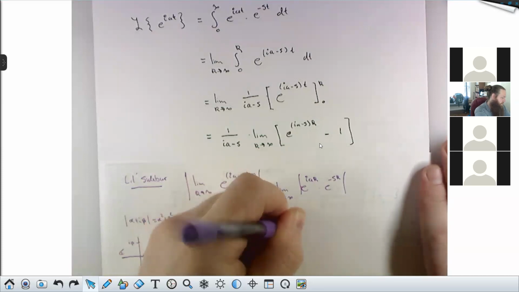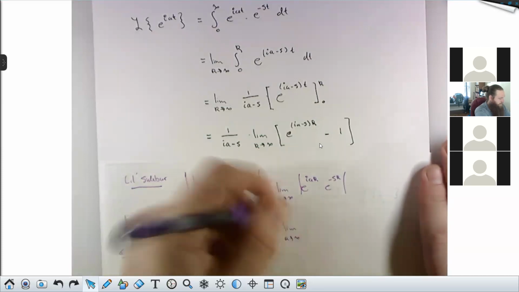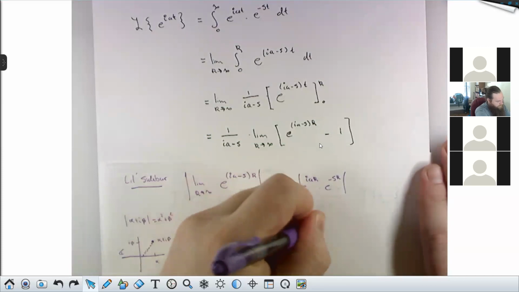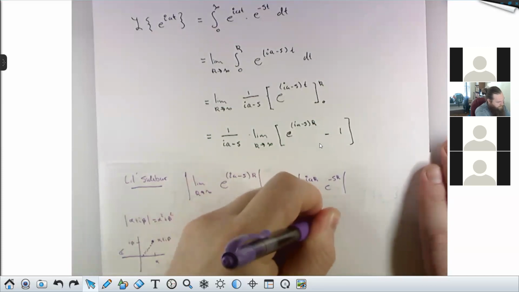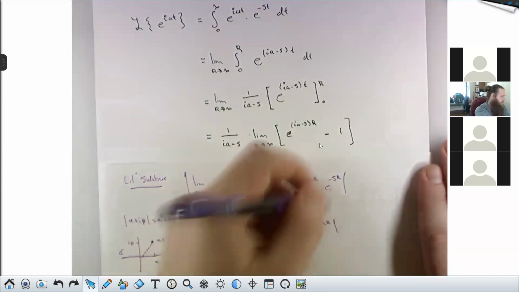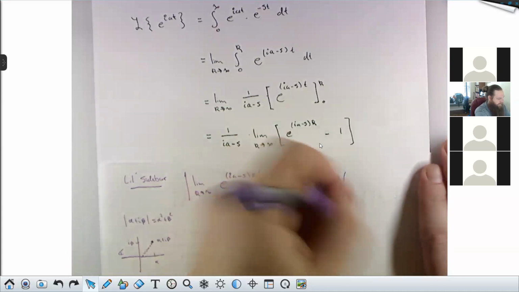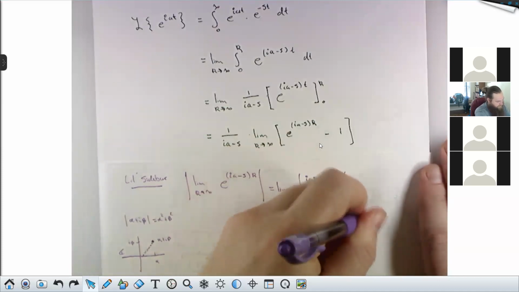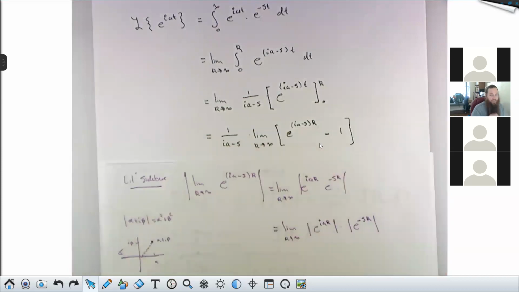So this is the limit as r goes to infinity of the absolute value of e to the iar times the absolute value of e to the negative sr. E to the negative sr is a real number. S is real, r is real, e is real. E to the iar is a complex number, and in fact, it's a complex number on the unit circle within the complex plane.